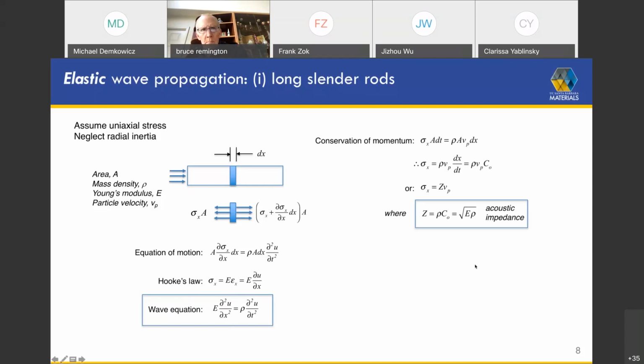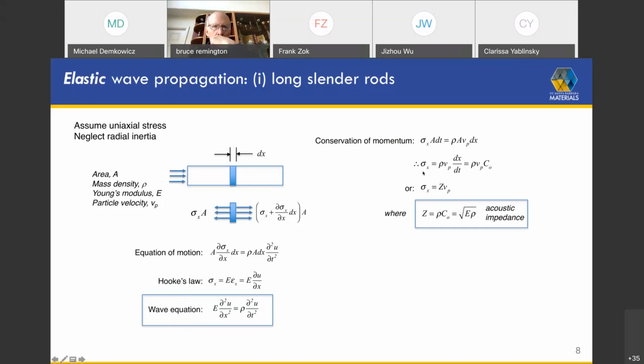Now we can take it one step further, and we can also look at the conservation of momentum. There is an impulse put into this volume element. It's a force through it times a time. That force is sigma x times A over some increment of time dt. That has to balance the momentum within that volume element. That's just the mass times the velocity. So the particle velocity is Vp. The mass is rho times the volume of that element, A times dx.